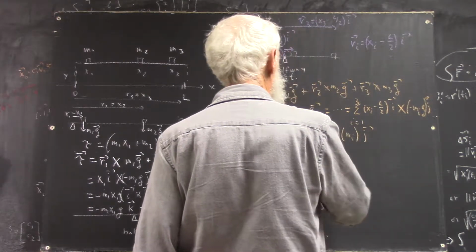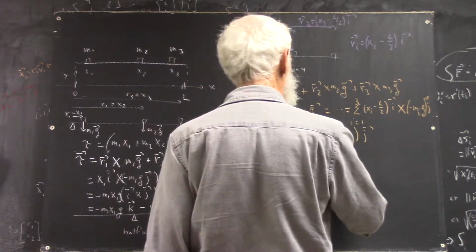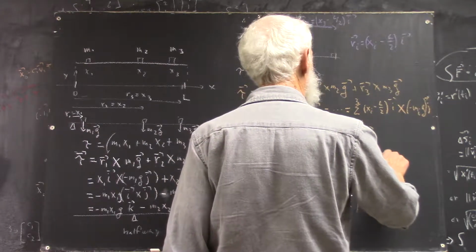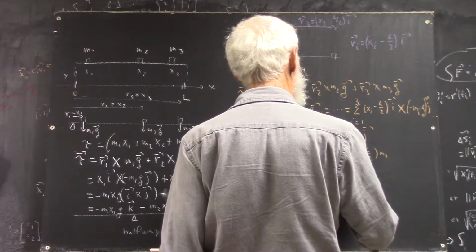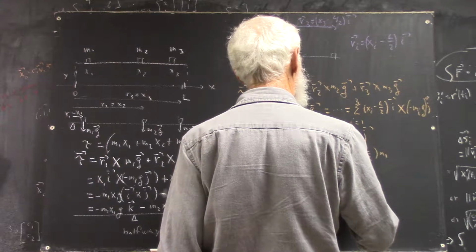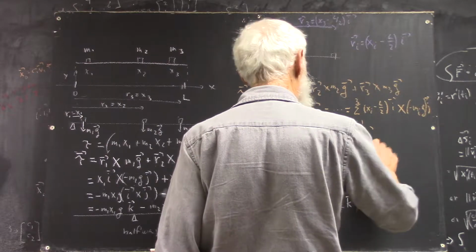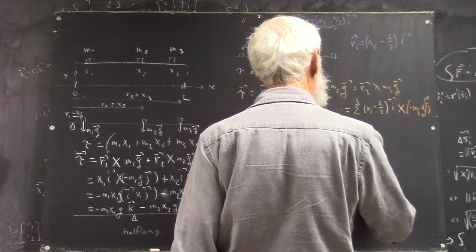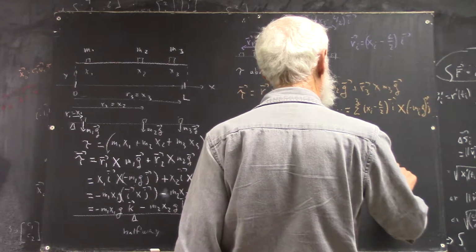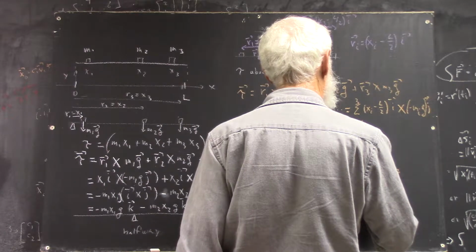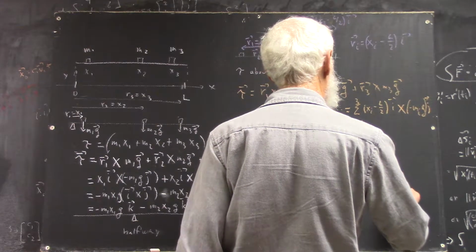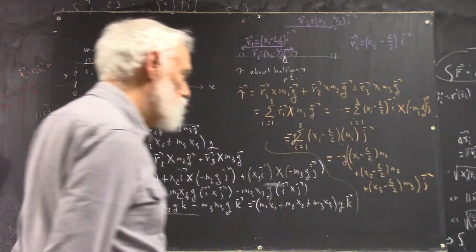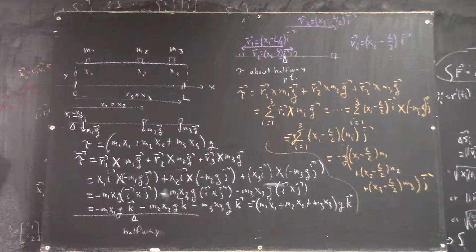And then if you write it all out, you would get negative g times x1 minus L over 2 m1, I'll leave it like it is, plus x2 minus L over 2 m2, plus x3 minus L over 2 m3, times j, right?